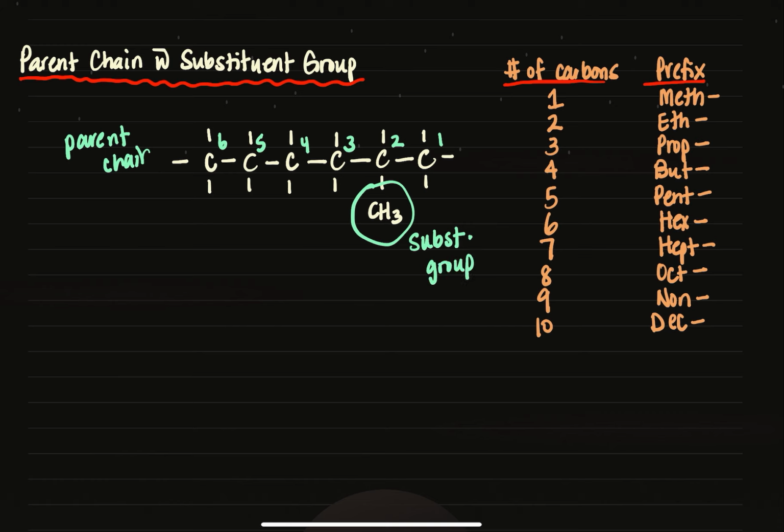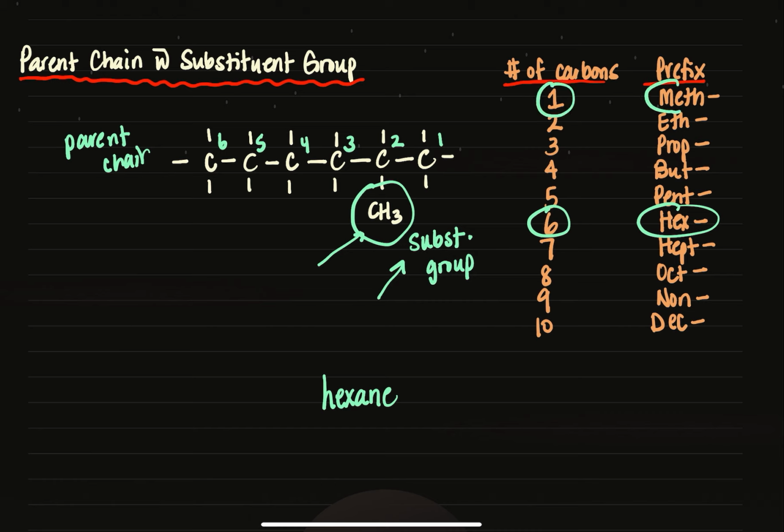And how we're going to name this structure is we name this substituent first, then we name the parent chain. So by the way, the parent chain is 6 carbons, and it's an alkane. So if we look at our prefixes chart, we know that this is a hexane. Now this substituent group is 1 carbon. When we name it, we're going to use our prefix chart.